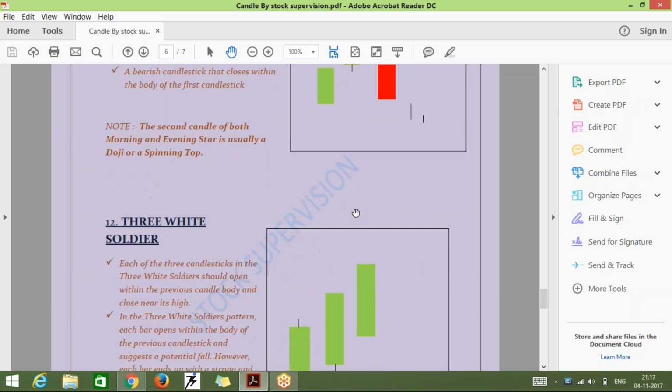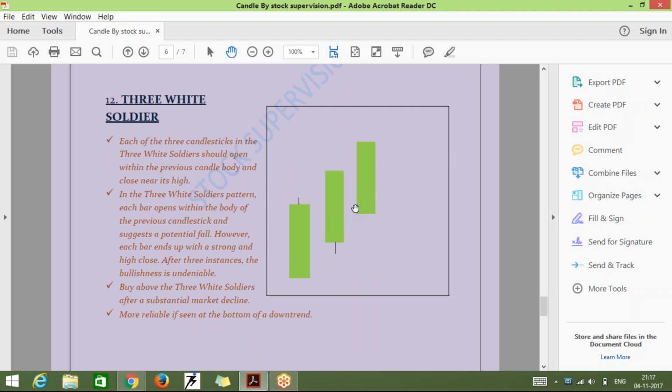Now coming to three white soldiers. This is also a very powerful pattern. Each of the three candles in the three white soldiers should open within the previous candle body and close near its high. Another thing to mention is this type of pattern can be seen in 15 minute charts and hourly charts also.